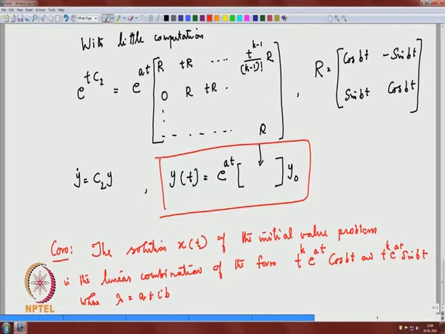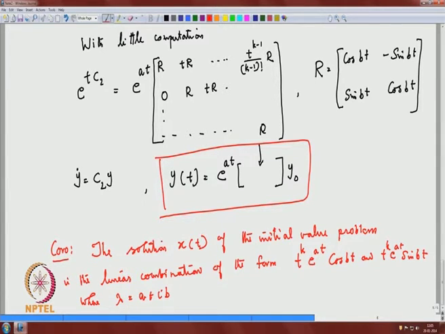So you know that only expressions of the form t power k e power at cos bt or sin bt are available, and you can immediately see that stability can occur only when a is negative for all the eigenvalues.